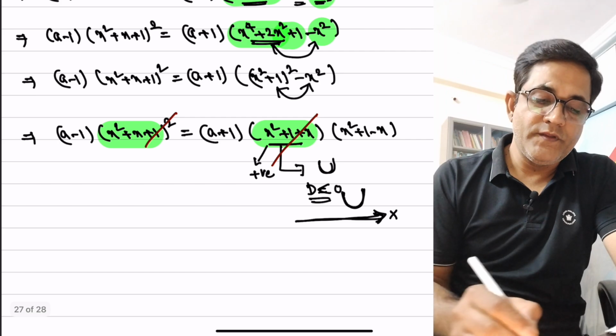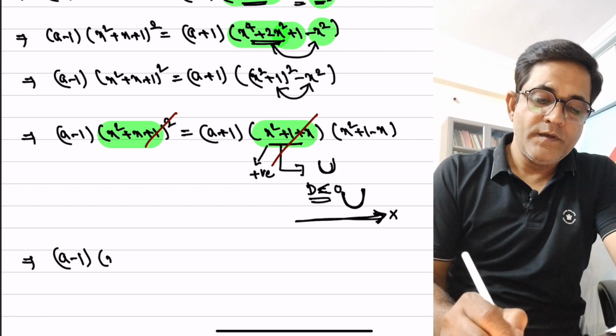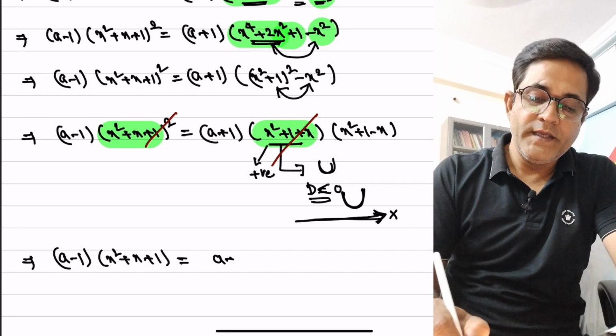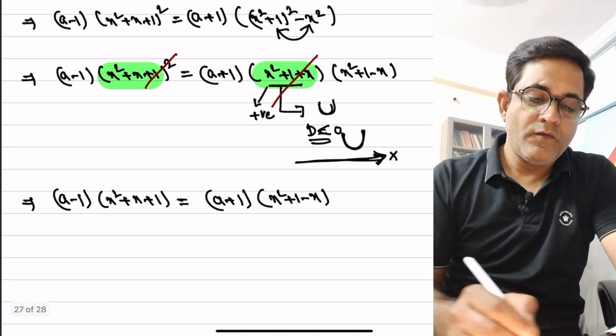Then you are left with (a − 1)(x² + x + 1) = (a + 1)(x² + 1 − x).